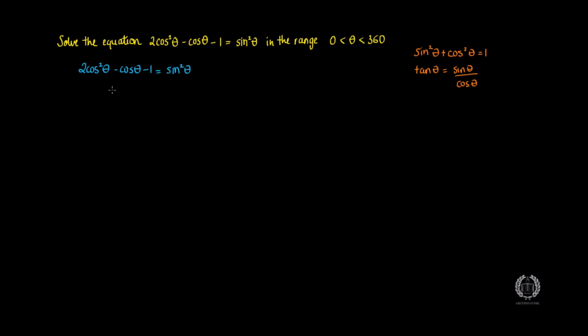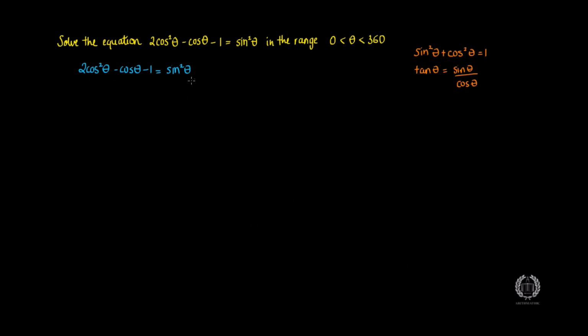So the option is you either make everything in terms of sine, because then you can find sine theta, or you make everything in terms of cos. But you can see there are already two cos terms here, so we can't really change this into a sine.